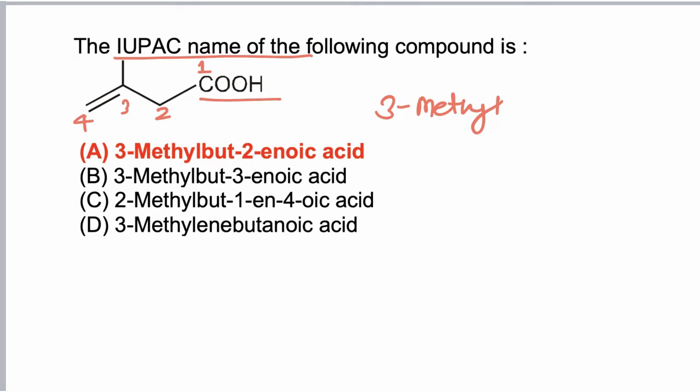Now total 4 carbon atoms are present in the main chain, so but, at the 3rd position a double bond is present, so but-3-ene. Now for COOH, the suffix oic acid is used, so but-3-enoic acid, and hence the correct option is A.